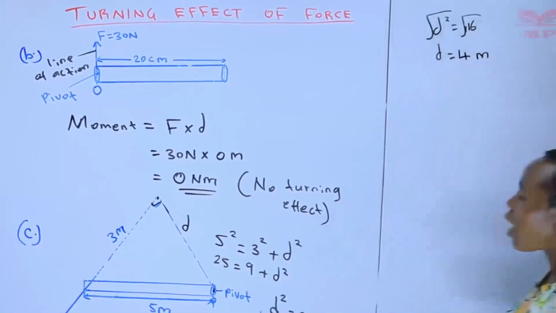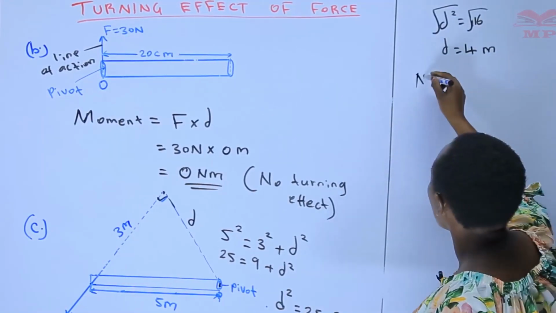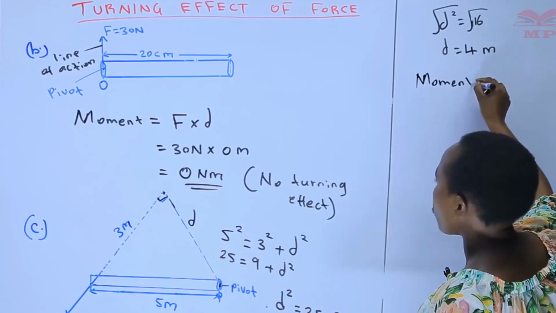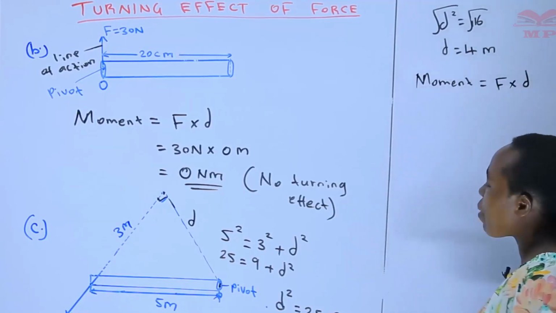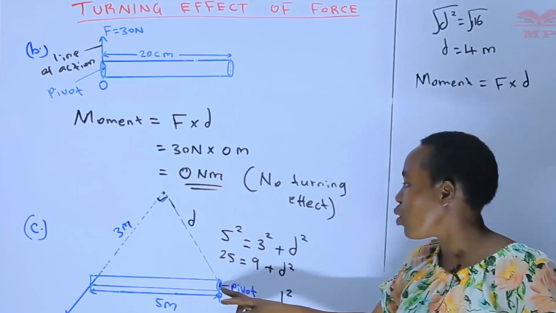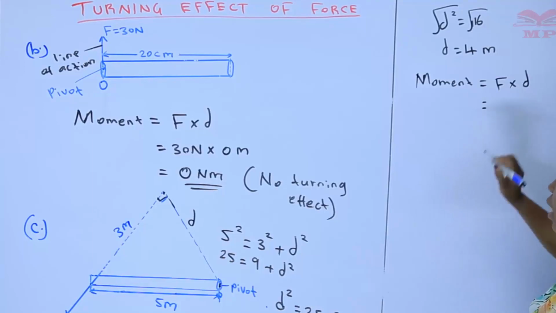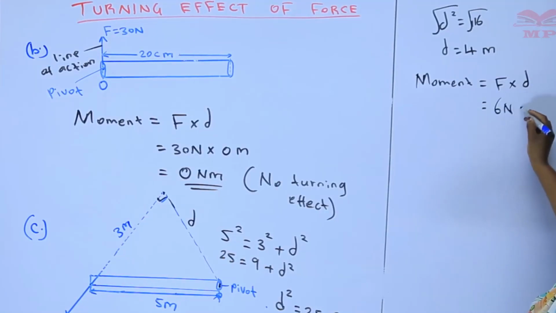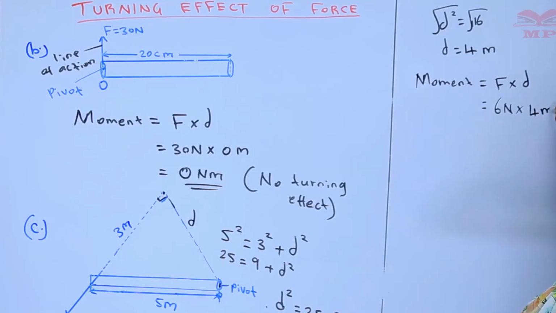And in our case, we have it in meters. Therefore, we can now calculate the moment. Moment will be equal to force multiplied by the perpendicular distance from the point of support to the line of action. Our force being applied is 6 newtons, and the perpendicular distance we have gotten to be 4 meters.